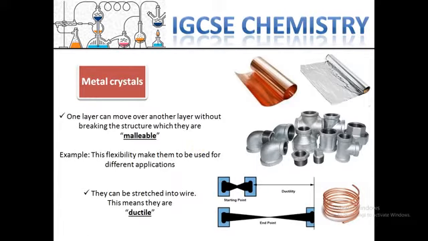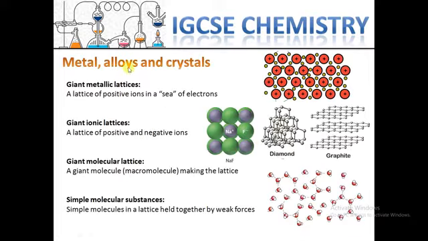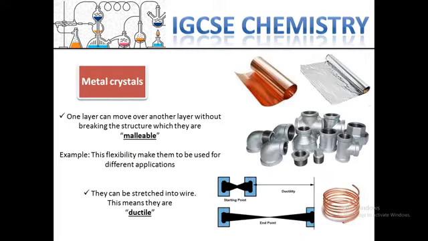Another point is, if you remember the structure of metallic lattices, we have layers, right? There are many layers in the lattices. In any lattice, we have very well arranged ions, either in ionic form or atomic form, and they make a layer form.